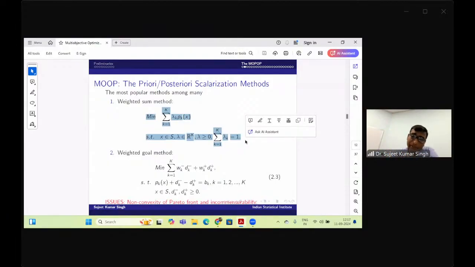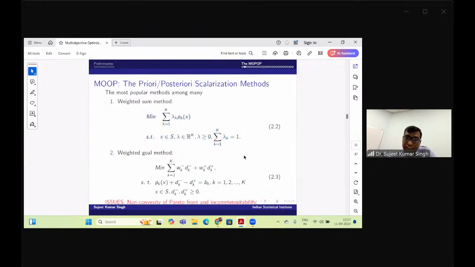But the issue with such methods is that if the Pareto front is non-convex, then such methods may not yield those Pareto points which are lying on the non-convex part of the Pareto front. So only the convex part of the Pareto front, these methods are able to provide, but they will not be able to yield those particular solutions which are lying on the non-convex part. So that's the non-convexity issue of all these weighting methods.